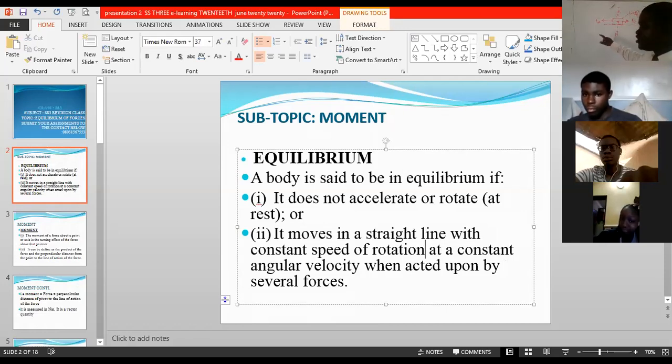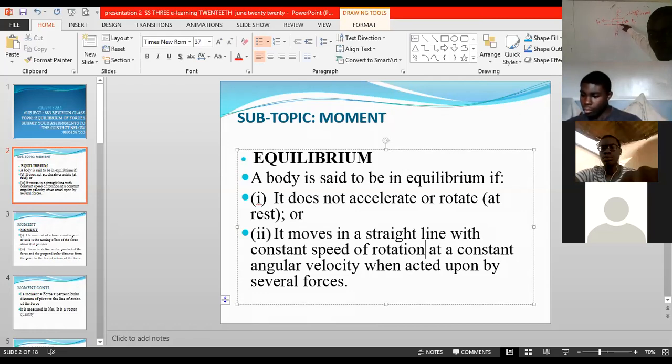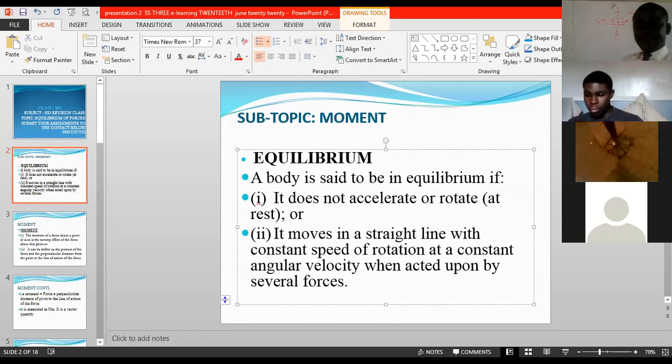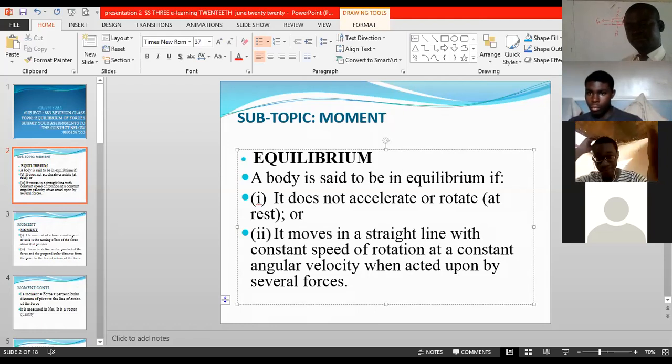Now look at this body here. This body is acted on by several forces. I have the pulling force, the frictional force, the normal reaction, and the what? The weight of the body. Then the body is said to be at equilibrium.